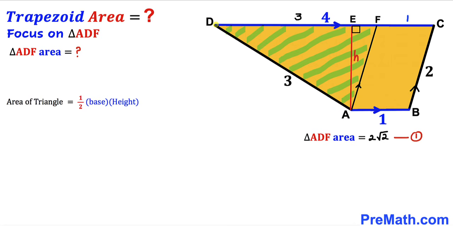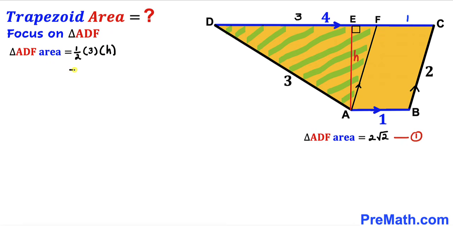And this time the base of this triangle ADF is 3 units, whereas the height of this triangle ADF is lowercase h. So therefore, the area of this triangle ADF is going to be a half times the base of this triangle is 3 times the height is lowercase h.